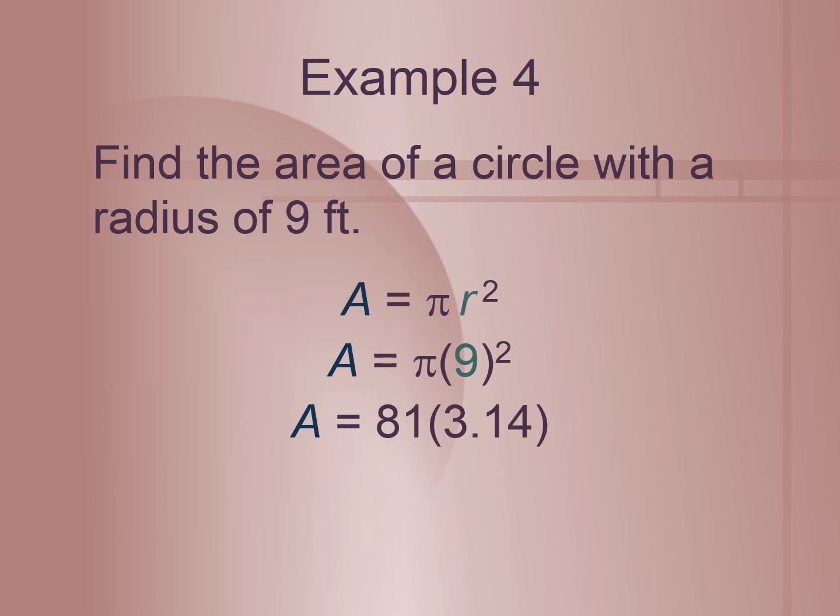However, you can remember that pi is 3.14, so you can do 81 times 3.14, and you would have 254.34 feet, because that's our units, and it's feet squared because we're talking about area. I would prefer that you do not give decimals and that you leave it as 81 pi feet squared.